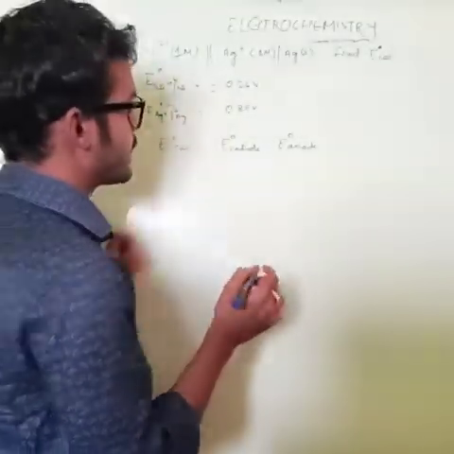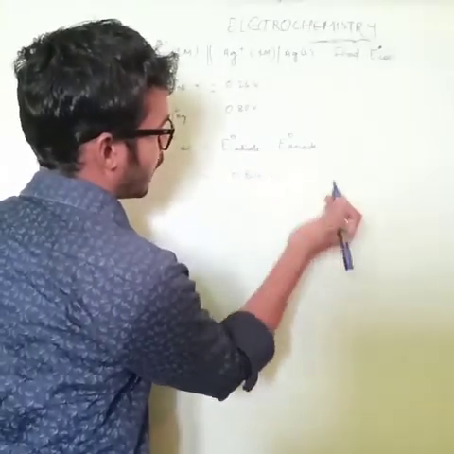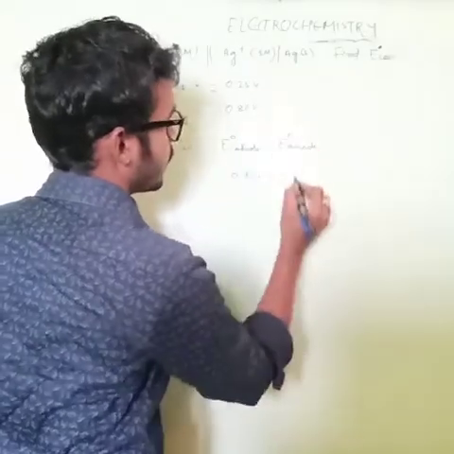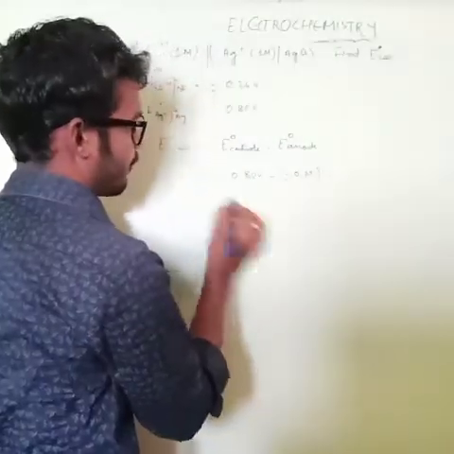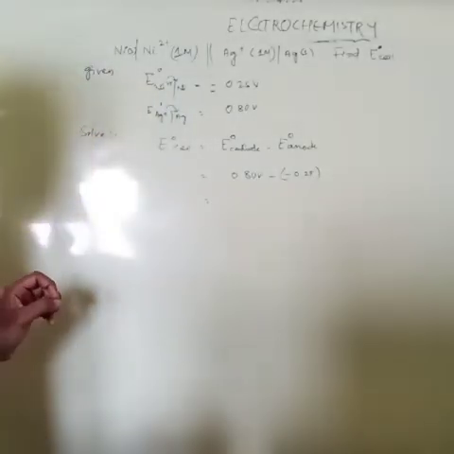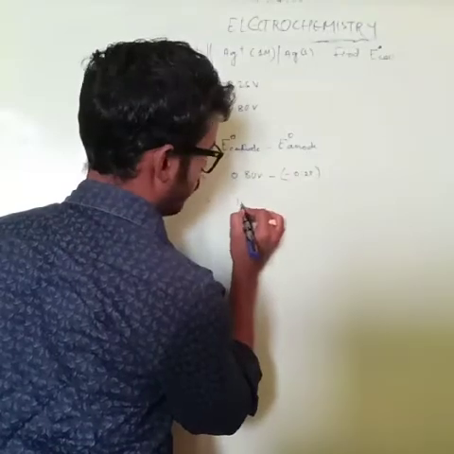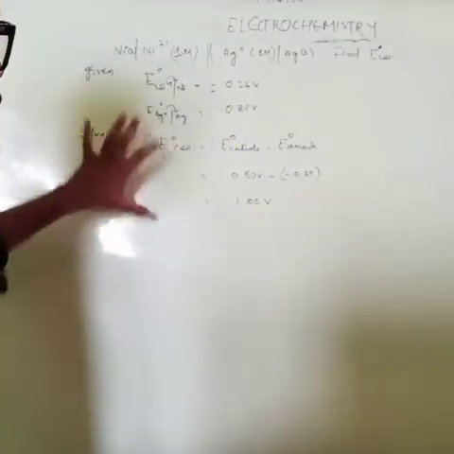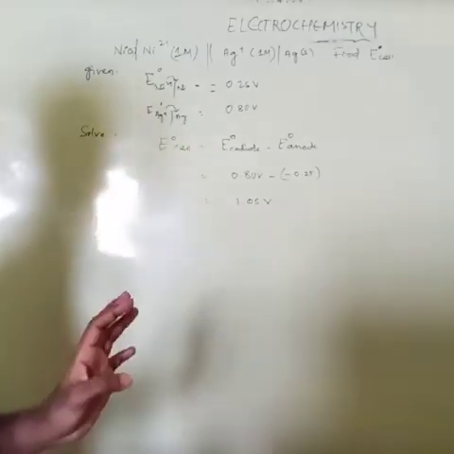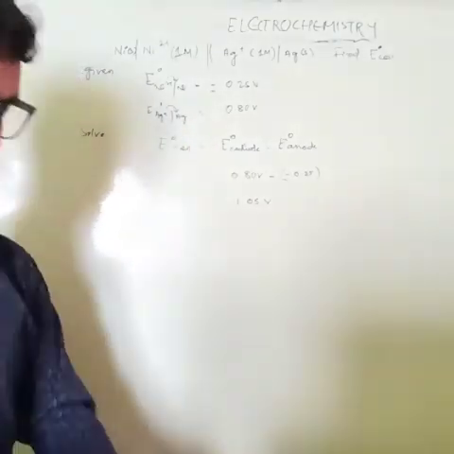So the cathodic part is 0.80 volt minus the anode value of 0.25, right? So 1.05 volt. This is how you need to find the standard EMF of a cell.